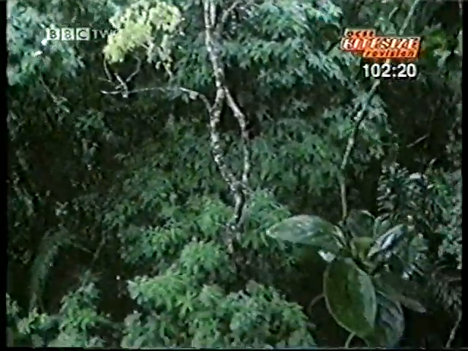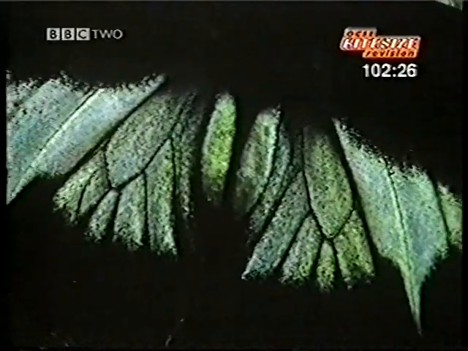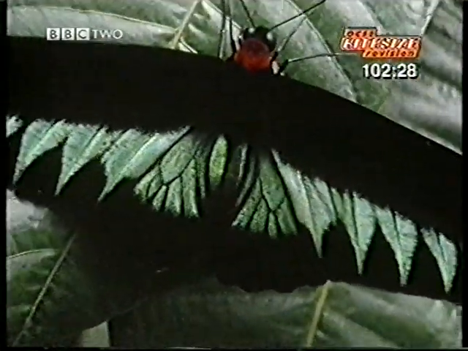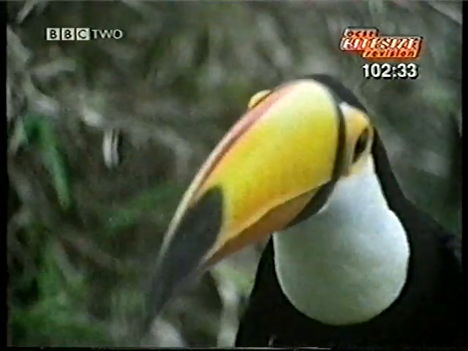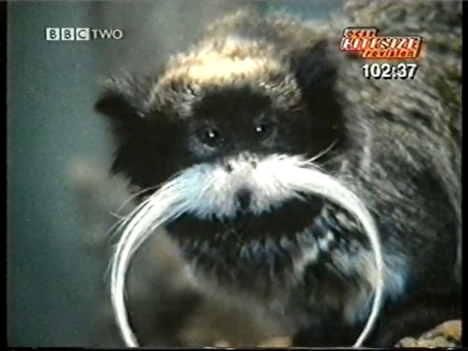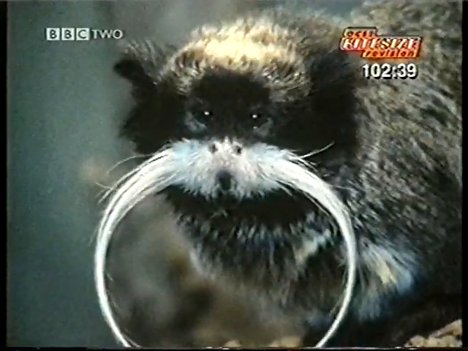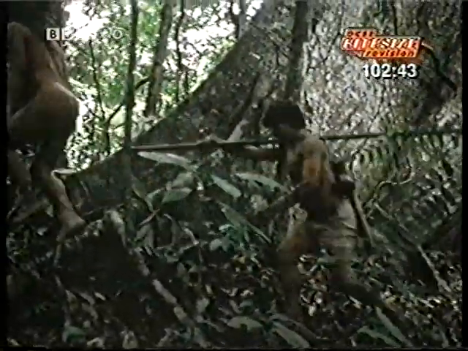And here plants and animals proliferate in such numbers that we still have not even named all the different species. Here, animals and plants, insects and birds, mammals and man live together in intimate and complex communities, each dependent on one another.